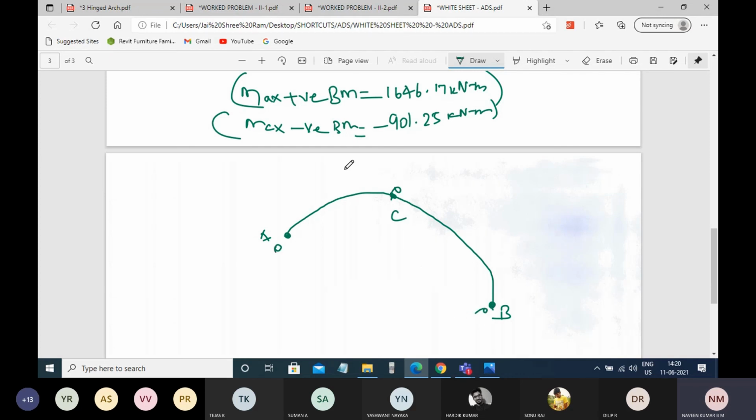And let me consider somewhere exactly at x equals 12.425, we'll get the maximum bending moment, that is around 1646.17. Again, what type of loading over the AC segment? UDL. So when it is UDL, the bending moment will be parabolic varying. Again here it is parabolic varying, and again at C you will get 0.